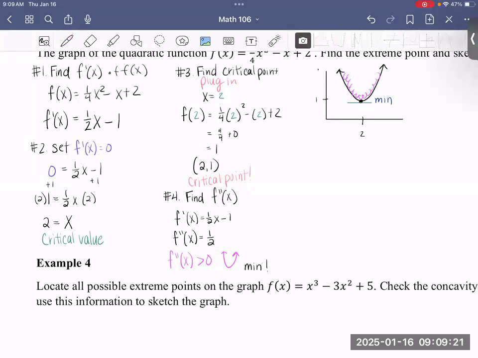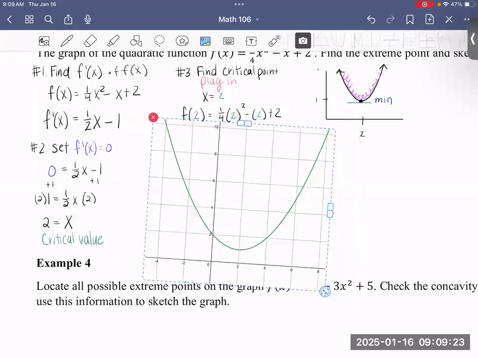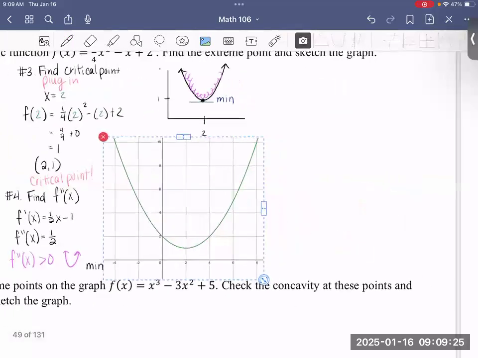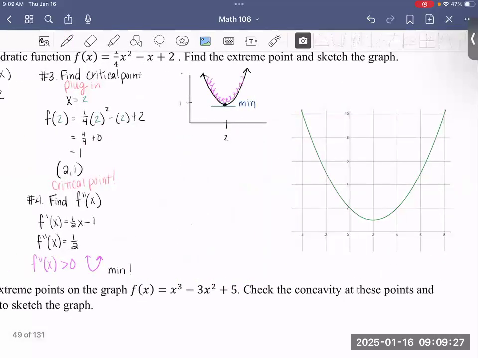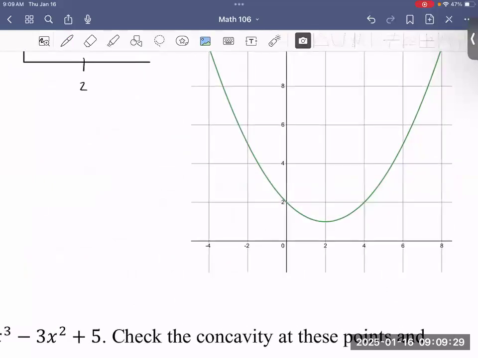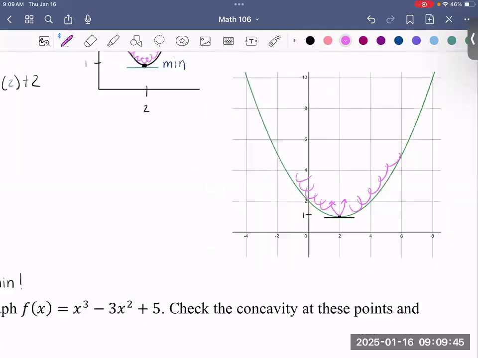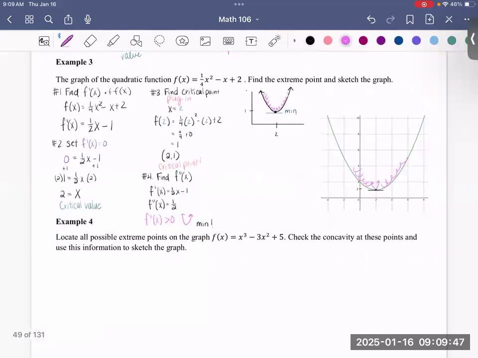And if I were to graph it for real, right here, we'd be able to see that that is in fact true, that we can see very clearly our critical value here. And we are concave up for this whole duration. And there you go. Let's have you guys try example 4.